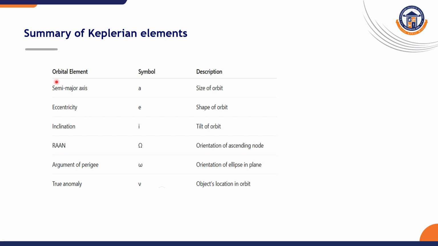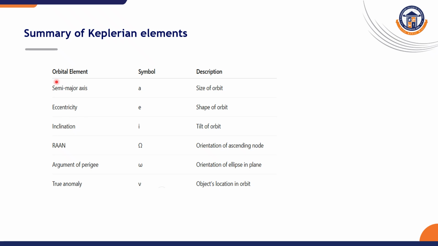All these can be determined. So from these Keplerian set elements, we can define where the object or the satellite will be in the future, or where it was in the past.